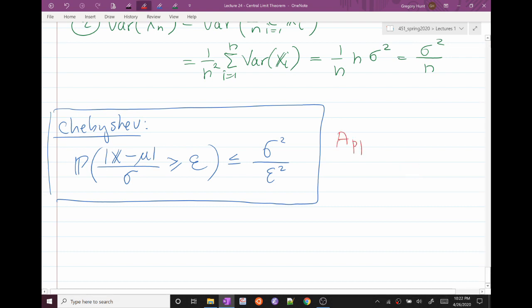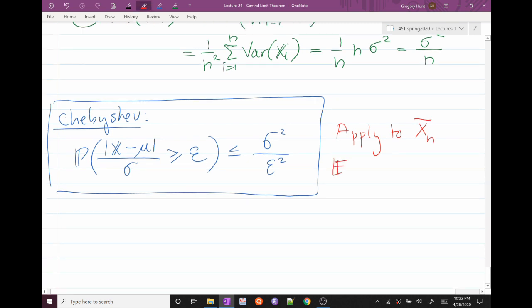So let's apply it to x bar sub n. Remember that the expected value of x bar n is mu, and the variance of x bar n is sigma squared over n. Let's rewrite this in a more general way.